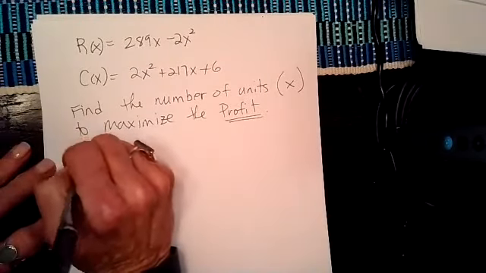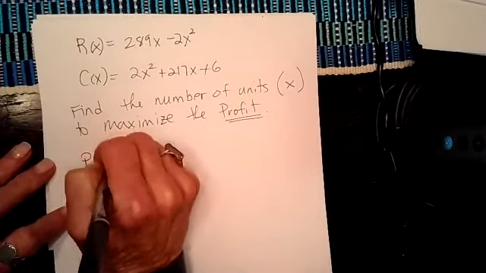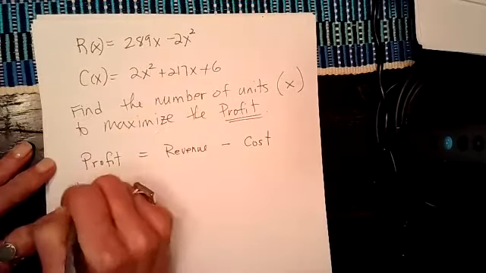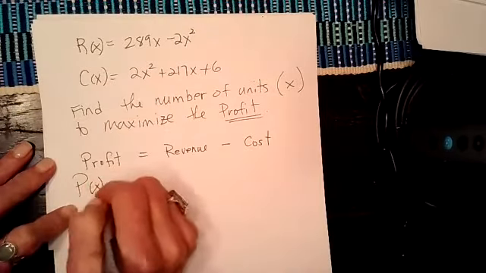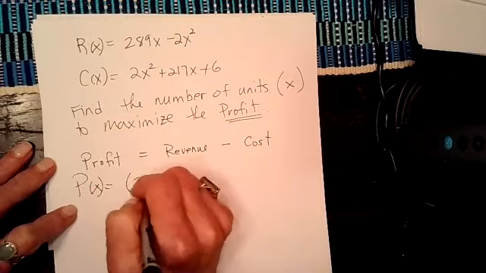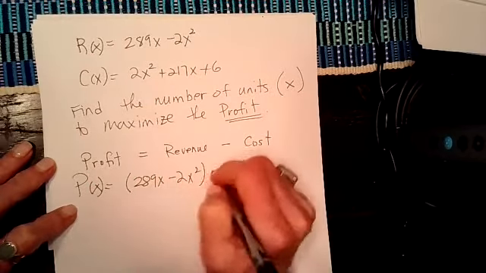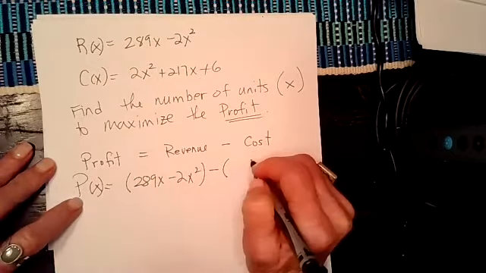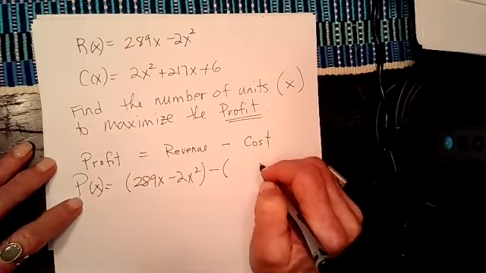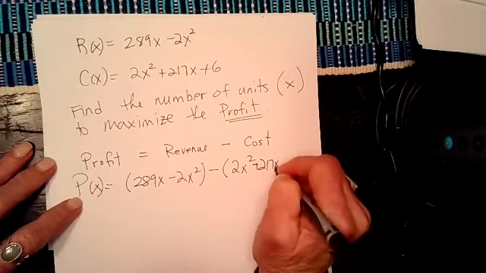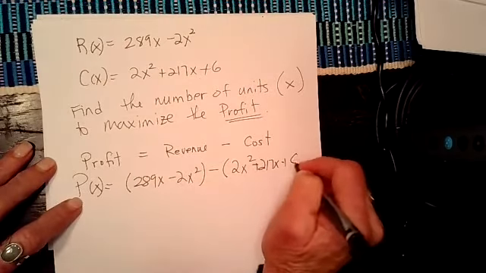We know that profit is the revenue minus the cost. And they gave us the revenue and the cost. So it's 289x minus 2x squared minus the cost function, which is 2x squared plus 217x plus 6.